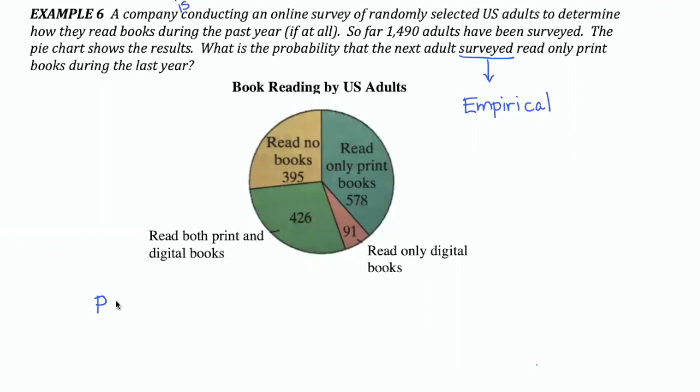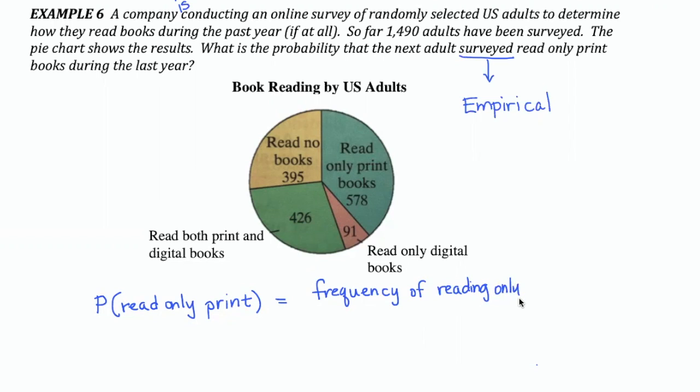So the probability of a person who read only print is going to equal the frequency of reading only print materials divided by the total frequency. And the total frequency is just the n, it's your sample size. You can add up all the individual frequencies that are shown in the pie chart.